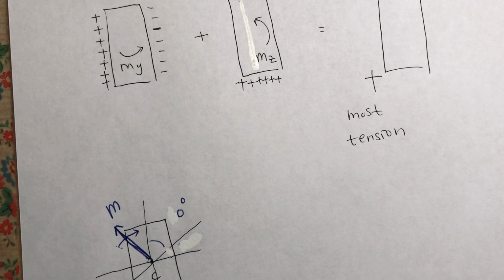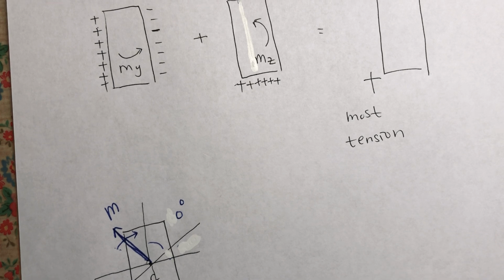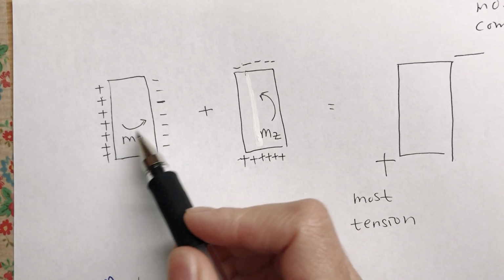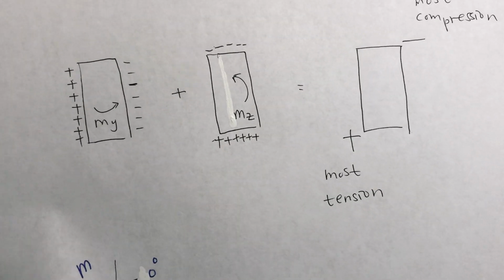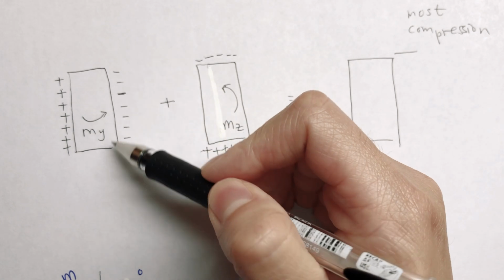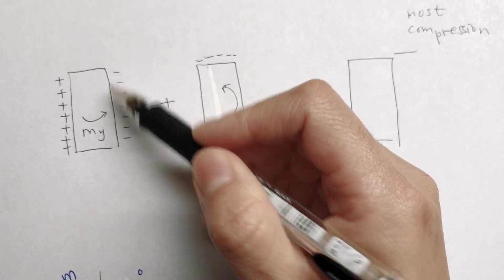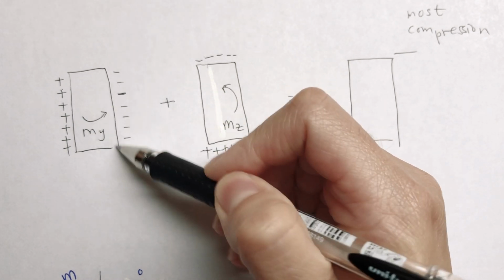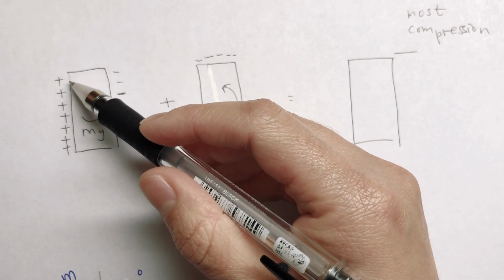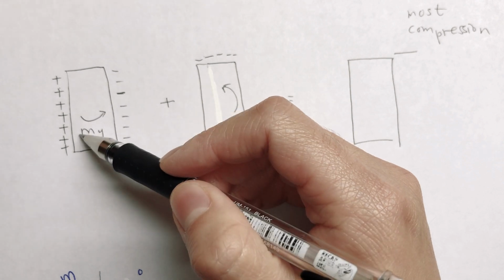Let's turn to slide 17. That is a 3D picture of what the stress looks like for that cross section. So for this moment about the y-axis, the right is going to be in compression. Rightmost is going to be the most compressed. The leftmost is going to be in the most tension, the most stretched out.